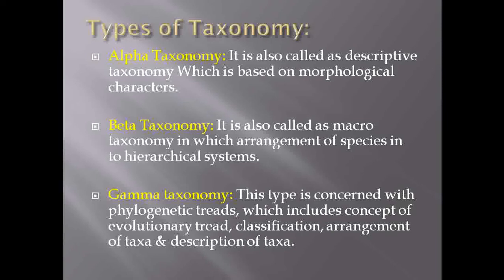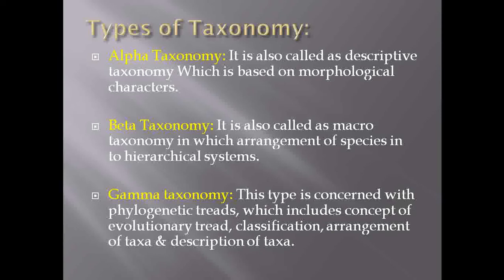Means in this type of taxonomy, the plants are arranged according to their taxonomic categories, like kingdom, subkingdom, division, subdivision, class, subclass, order, suborder, family, genus and species. This type of arrangement is included under beta taxonomy. Then next comes gamma taxonomy.